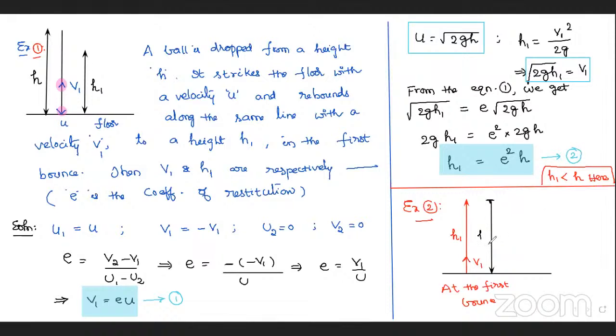It is falling down from a height h1 and it strikes the ground with the same magnitude of velocity, as I explained just now, a velocity v1. Now it is the second bounce. After striking the ground, immediately it will bounce back, suppose with a velocity v2, and rise to a height h2 in the second bounce.